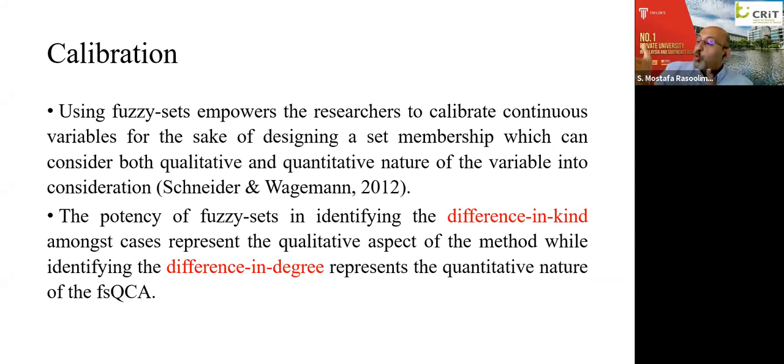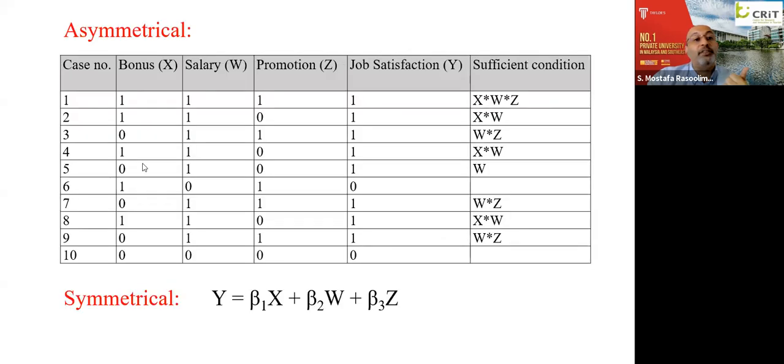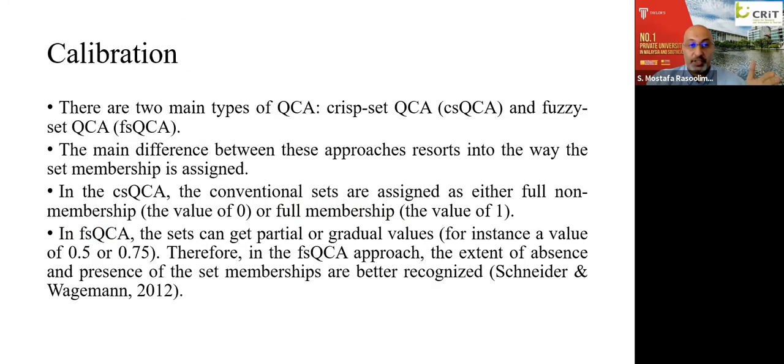We need to convert our data set to this range 0 to 1 and calibrate our variable. Based on this, we can analyze our data and identify high and low levels of predictor and outcome to identify sufficient and necessary conditions.